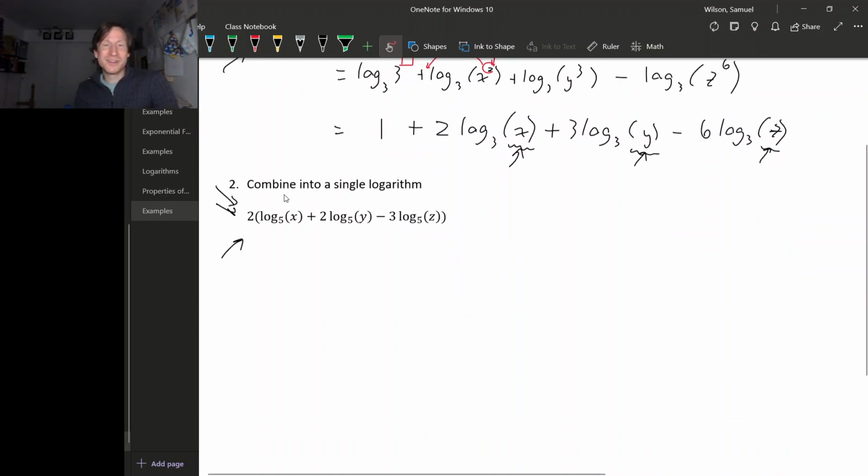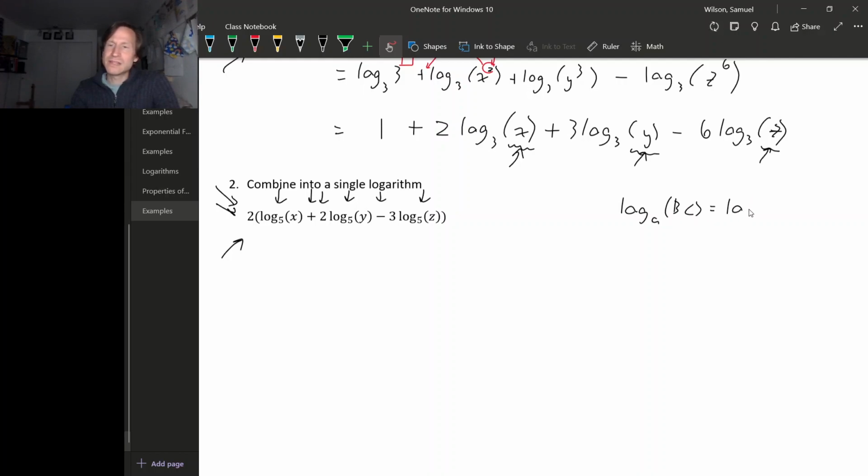If you have several logarithms with the same base, you can often put them together. So because these are added and subtracted, right, eventually we'll use the sum and difference rules for logarithms, but there are these coefficients in the way, right? If you look back at our, for example, our sum rule for logarithms, it says that a product inside is like a sum outside, like this.